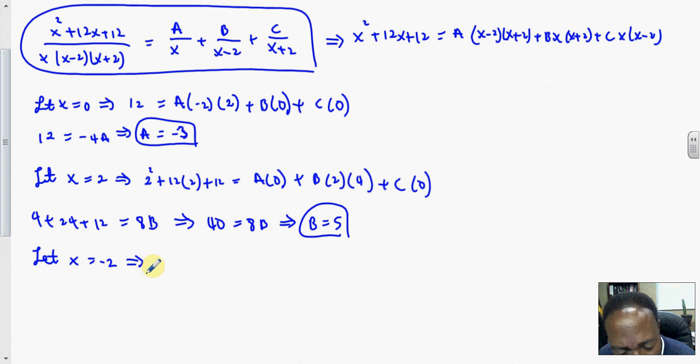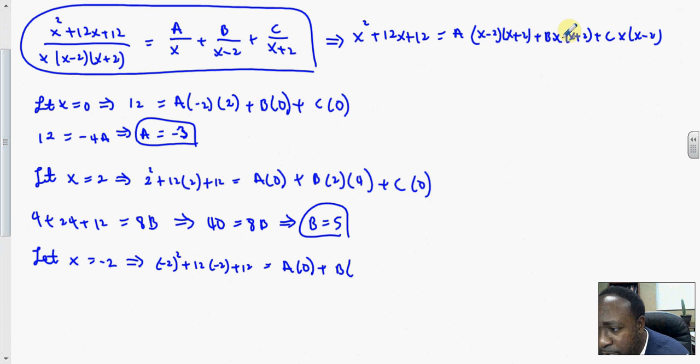Okay, so we plug in -2 for x, so we get -2 squared plus 12 times -2 plus 12 is equal to a times, that -2 here is going to cancel out, so that'll be a 0 plus b times -2 plus 2 is 0 plus c times -2 times -2 minus 2 is -4.